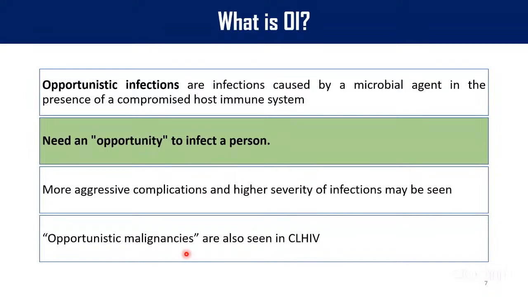These are seen again because of a dysregulated or suppressed immune system. So when I say an opportunistic infection, it includes an infection with an unusual organism, with an unusual severity, with an unusual duration, as well as opportunistic malignancy. All these things together are opportunistic infection when we are talking about OI in an HIV infected person, maybe adult, even children, whatever it is.